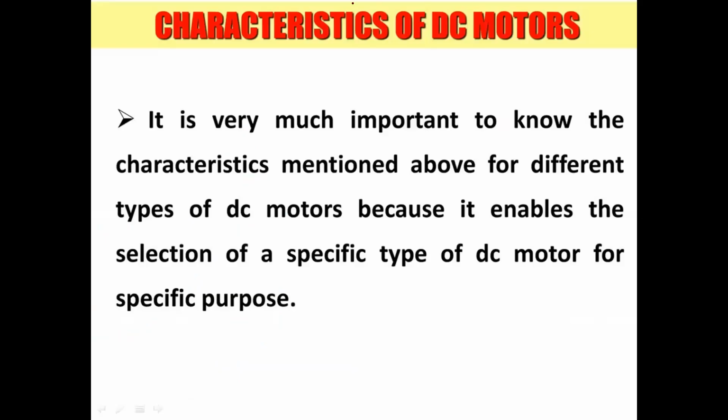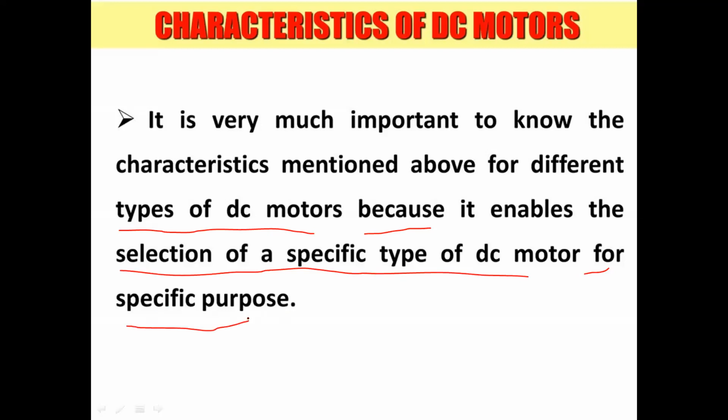First, the characteristics of DC motors. It is very important to know the characteristics for different types of DC motor, that is series, shunt and compound motors, because it enables the selection of a specific type of DC motor for a specific purpose. Different motors have different characteristics, like different humans.